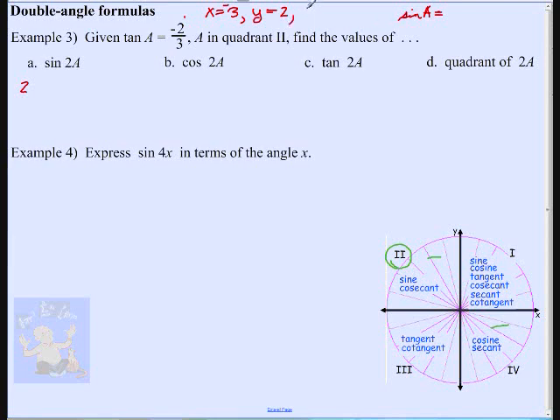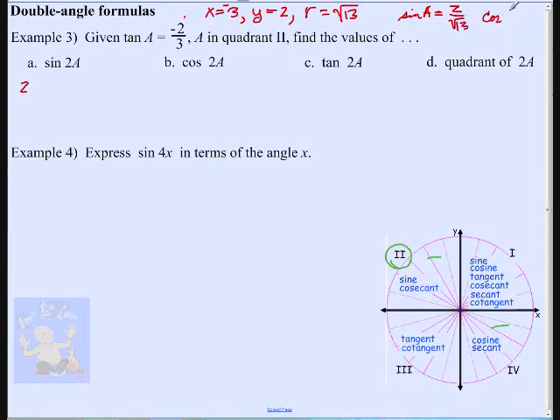And r, which is always positive, what does that equal? I'm going to square this, which will give me 9, and then add the square of this, which is 4. That'll give me 13. So r is the square root of 13. So sine is going to be 2 over square root of 13.